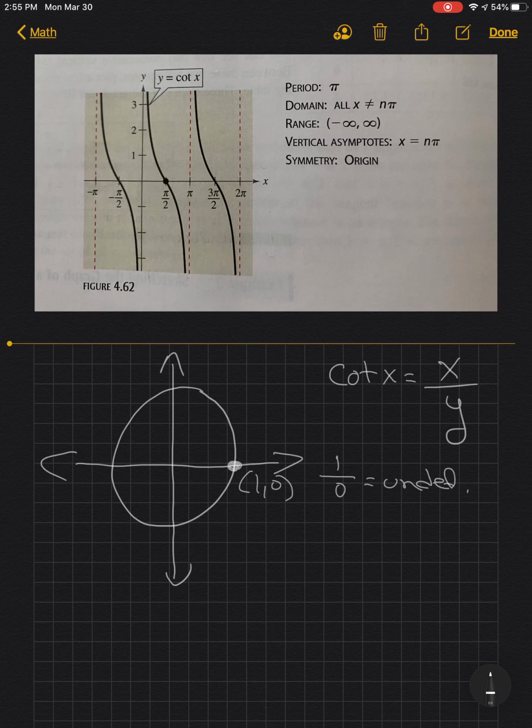Therefore, every time we reach n pi, whether it be 0, pi, or negative pi, when we divide by 0, we immediately get undefined. So right here and right here, we have our vertical asymptotes, which you can see on the diagram. Therefore our period is going to be pi.